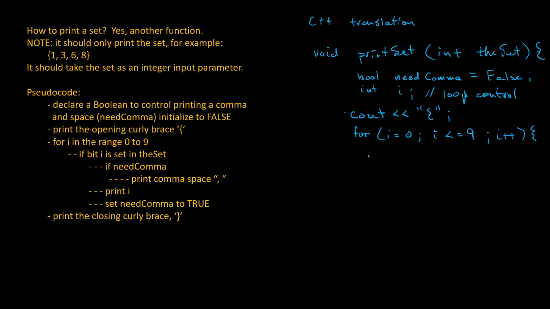And inside here, what I need to do is check if the bit is set. So how do I check to see if the bit is set? Where can I go to find such esoteric knowledge?